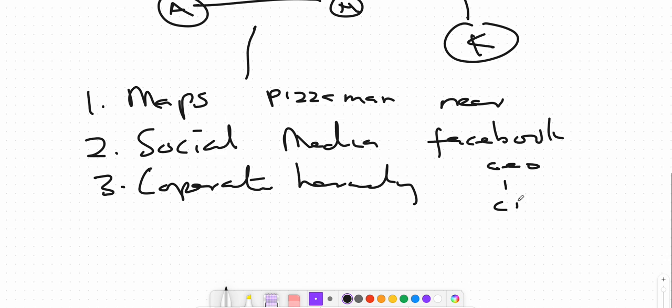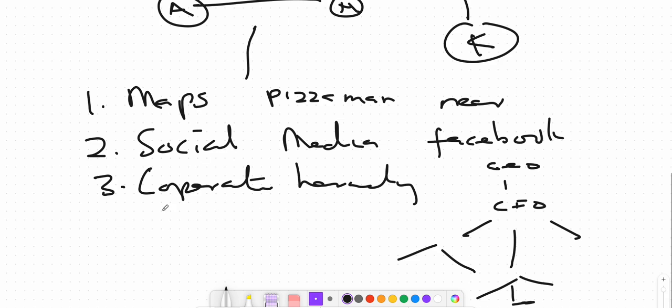If you are the CFO, you report to the CEO. And I'm saying there are so many implementations, right?